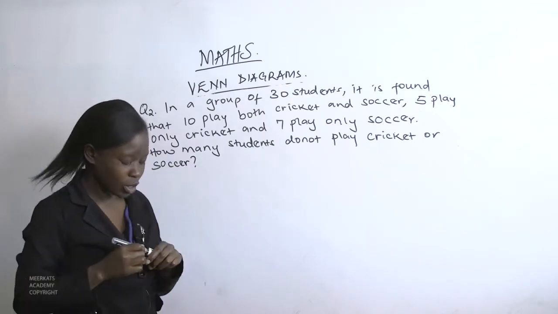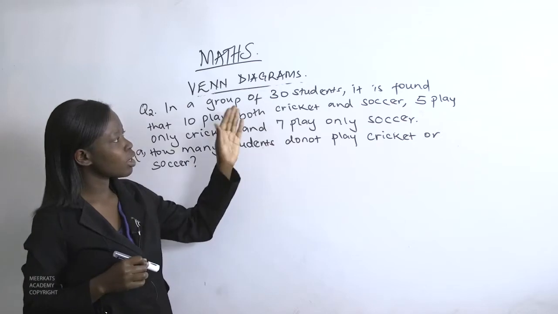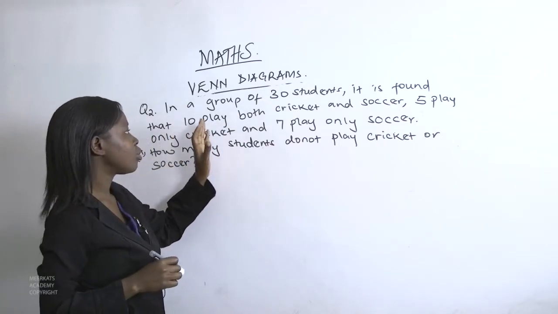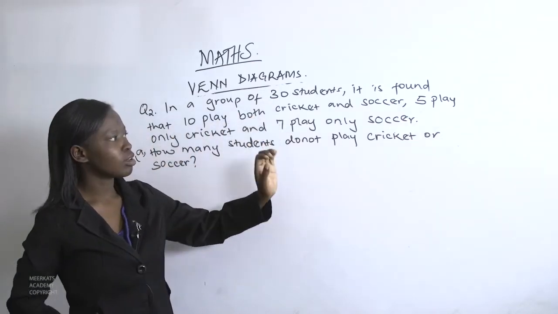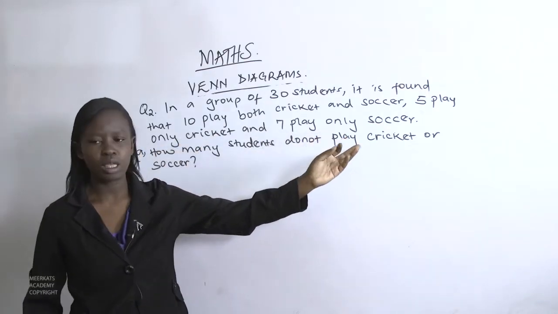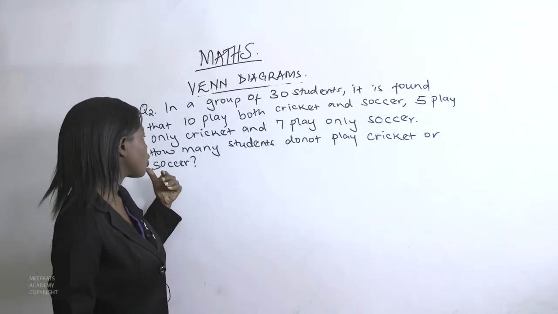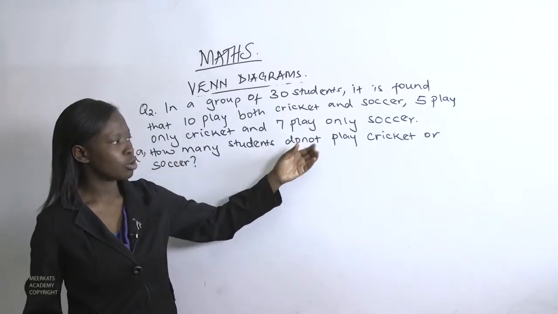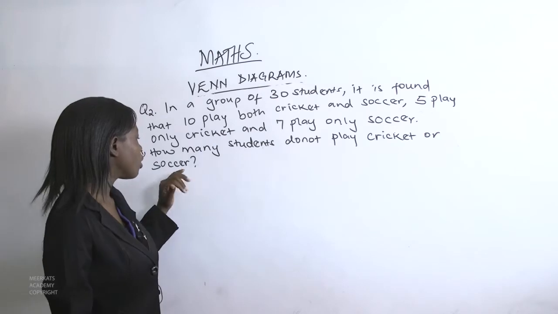In a group of 30 students, it is found that 10 play both cricket and soccer, 5 play only cricket, and 7 play only soccer. The first question is, how many students do not play cricket or soccer?